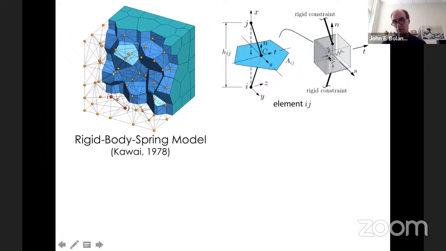So for 3D problems, we have 3 springs. One is normal to the facet, then there's 2 tangential to the facet. And the spring set is connected to the degrees of freedom at the two nodes through these rigid arm constraints. That's Professor Kawai's idea.